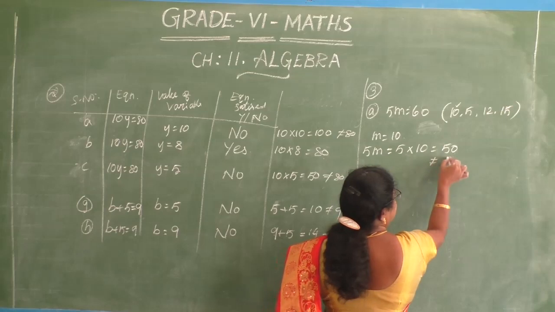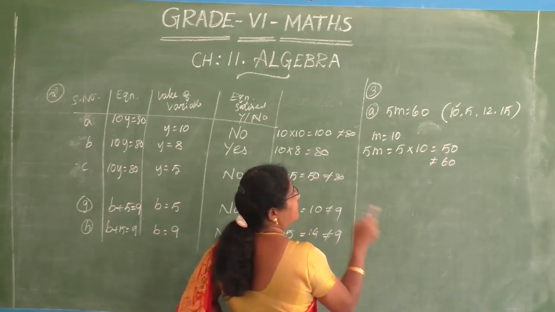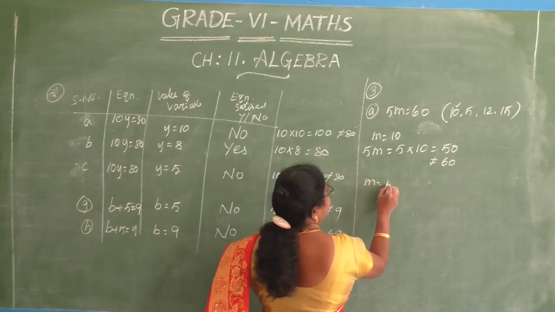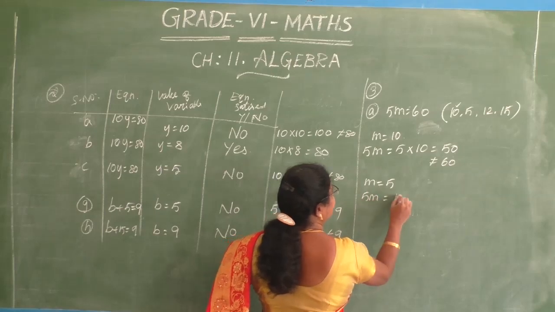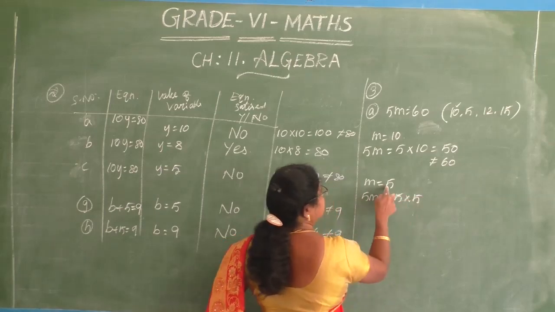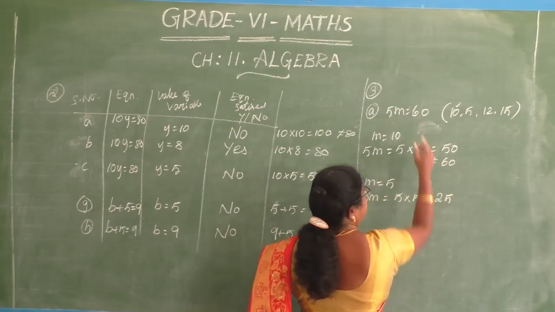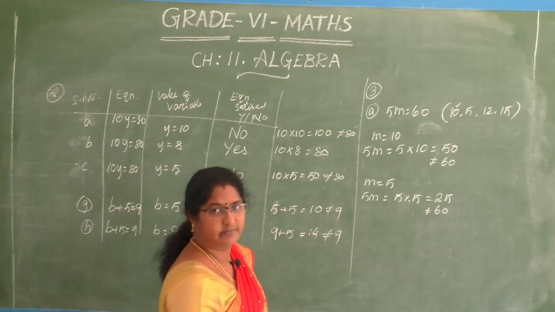It is not equal to 60. So 10 is not a solution. Next, m equal to 5. 5m equal to 5 into 5. 5 5s are 25. This is also not equal to 60. So 5 is also not a solution.